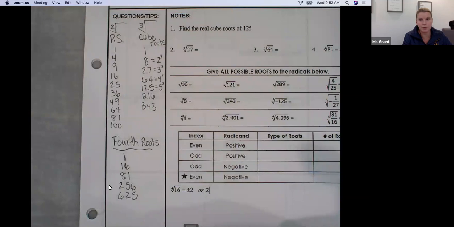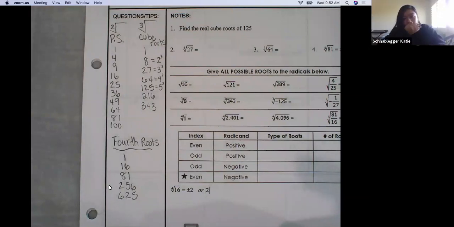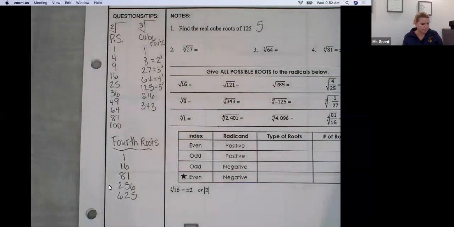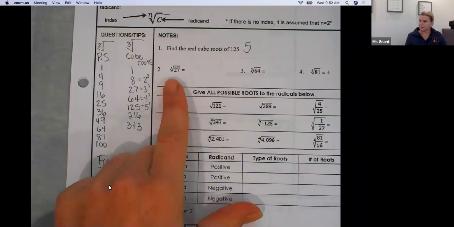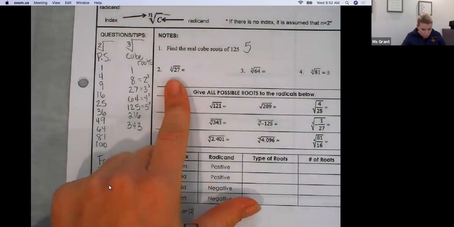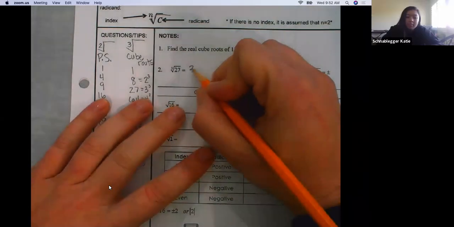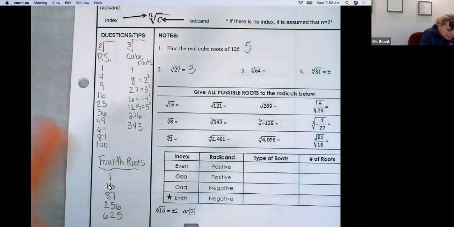What times what makes 125? Naomi. 5. 5. Okay, so perfect. Now I'm going to say number 2. Cube root of 27. Katie. 3. 3. Easy. 3 times 3 times 3 is 27.